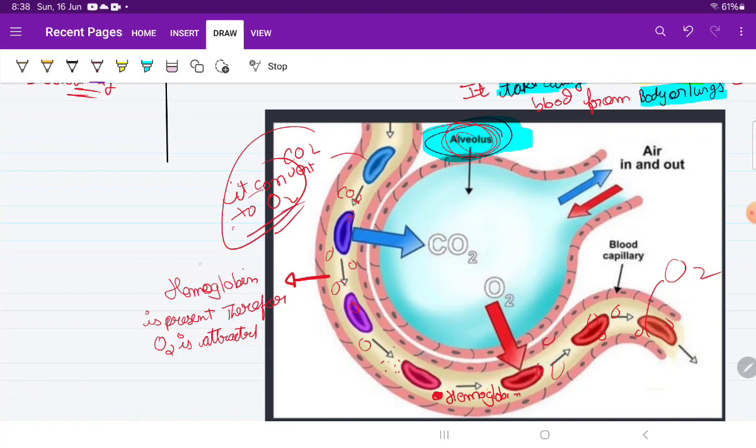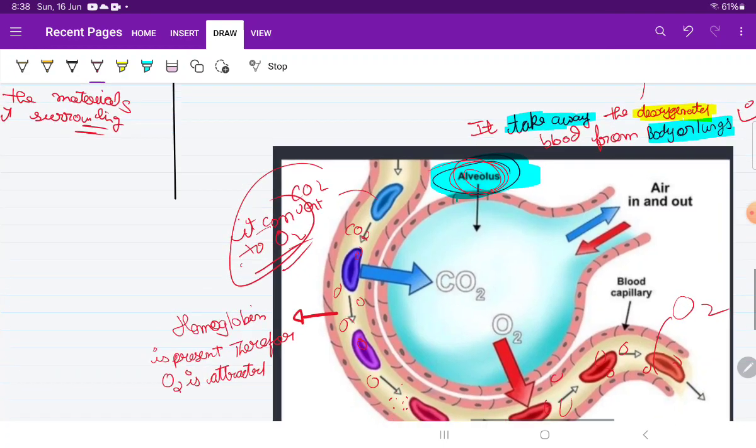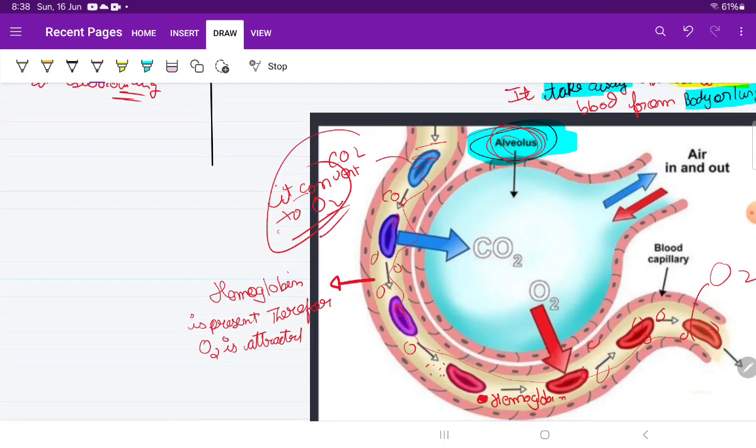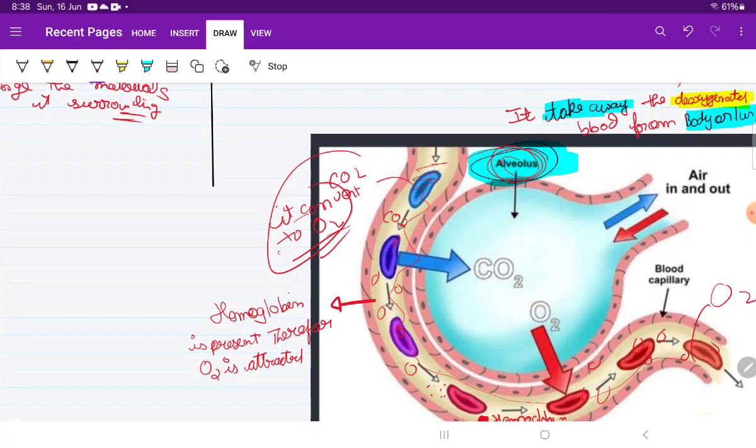CO2 converts to O2. Hemoglobin is present here. This is the blood capillary. The blood capillary is carrying the CO2.